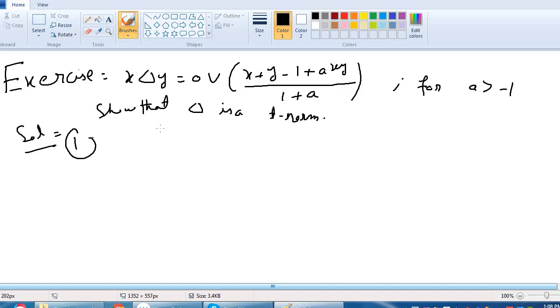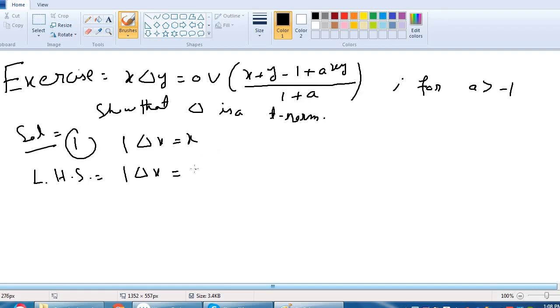First of all, number one, our first condition is 1 delta x is equal to x. We will have to show that 1 delta x is equal to x. Left hand side, 1 delta x is equal to, we apply the delta formula here. 1 delta x, this is the formula, x delta y is equal to 0 union x plus y minus 1 plus a x y divided by 1 plus a.